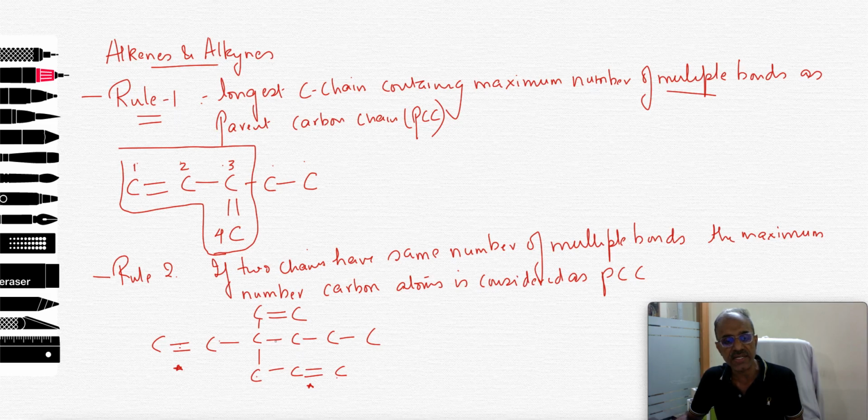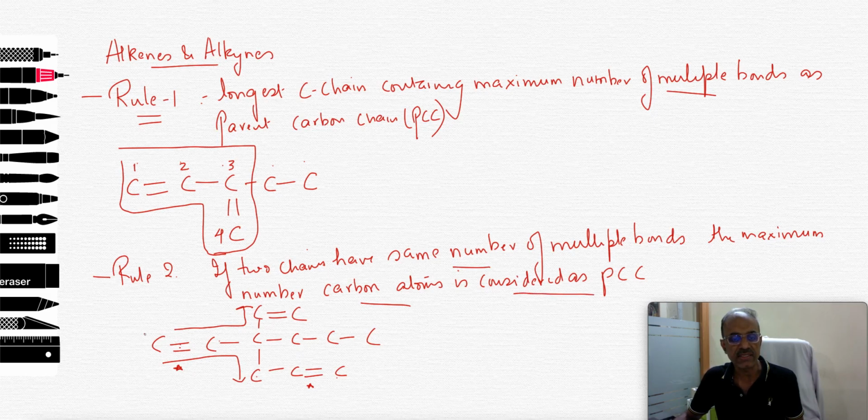But the straight chain, if I go 1, 2, 3, 4, 5, 6, although it has 6 carbon atoms, has only one double bond. Here in this it has two double bonds, and here also it has two double bonds. Now, as the rule says, if they have the same number of multiple bonds, then the chain with the maximum number of carbons is considered as the parent carbon chain.